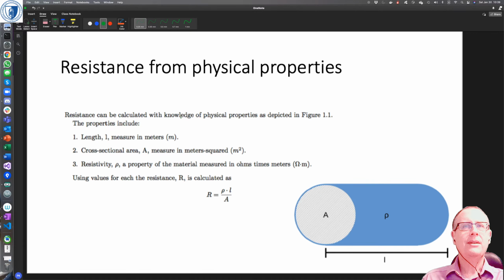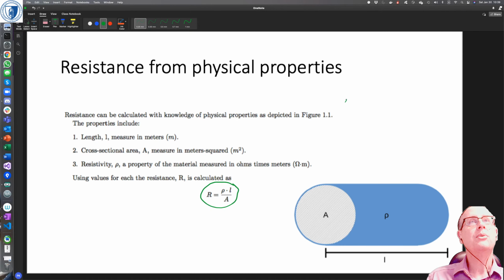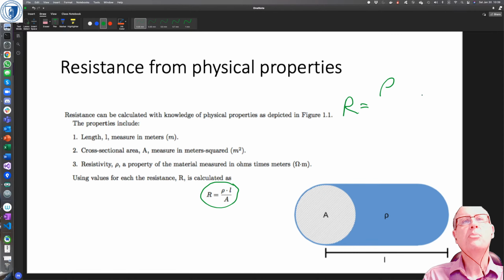The resistance is equal to rho, which is the resistivity, which is a physical property of a material, times L, the length of the material, divided by A, the cross-sectional area.